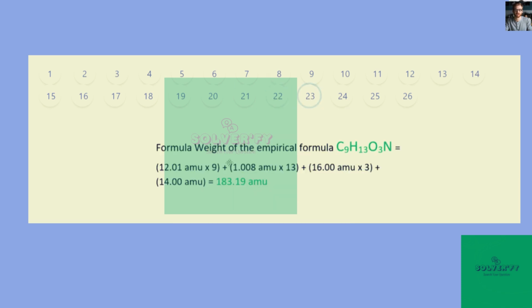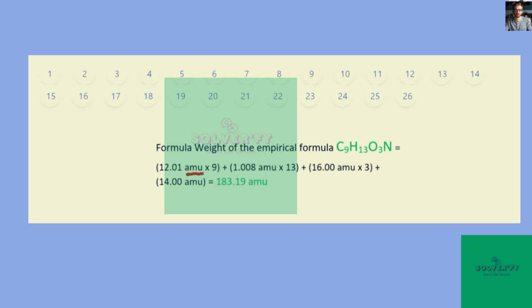So now we will find out the empirical formula weight first. Just look here that for the previous two cases, we wrote the molar mass for each element, and the unit was gram per mole. But in this case it is atomic mass unit, because in this case we are not given molar mass, we are given the molecular weight.